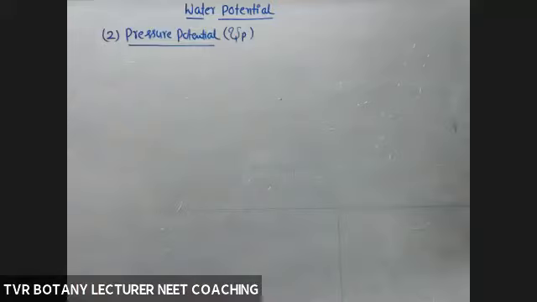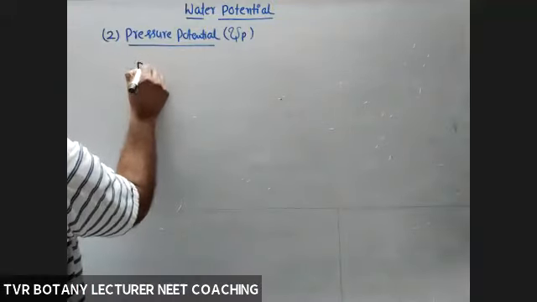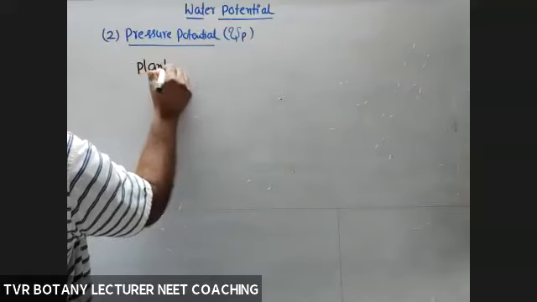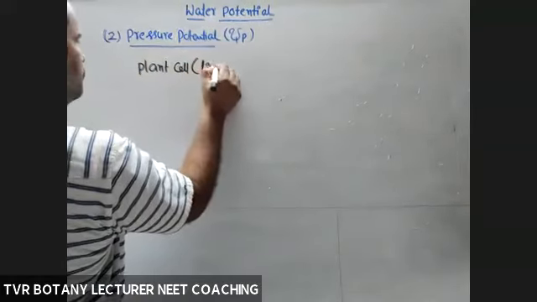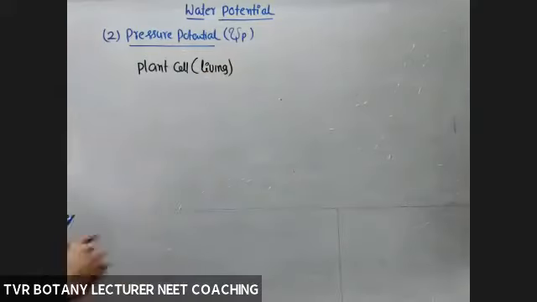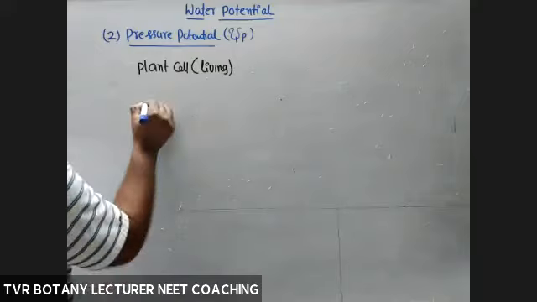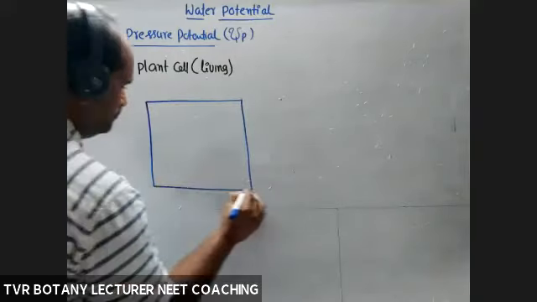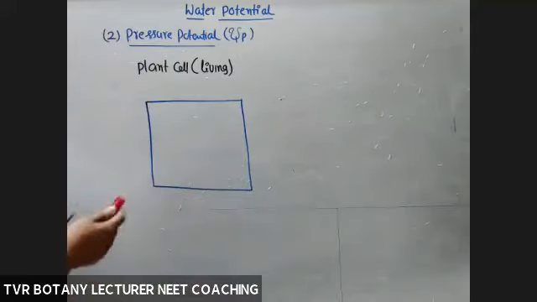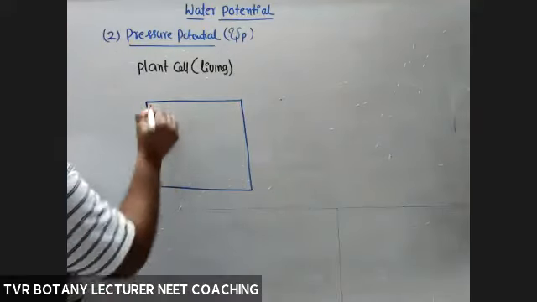Now, for example, take a plant cell. Here I'm taking a plant cell, a living cell. Plant cell that is in living condition. Living plant cell. So this is a cell wall. And this is a plasma membrane.